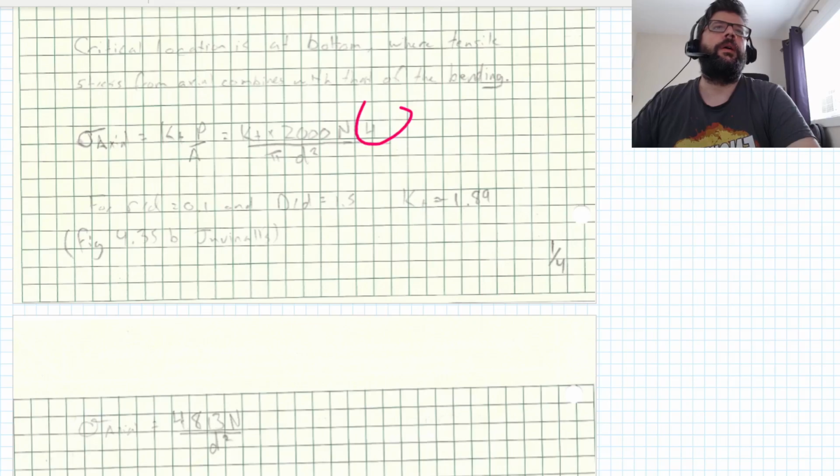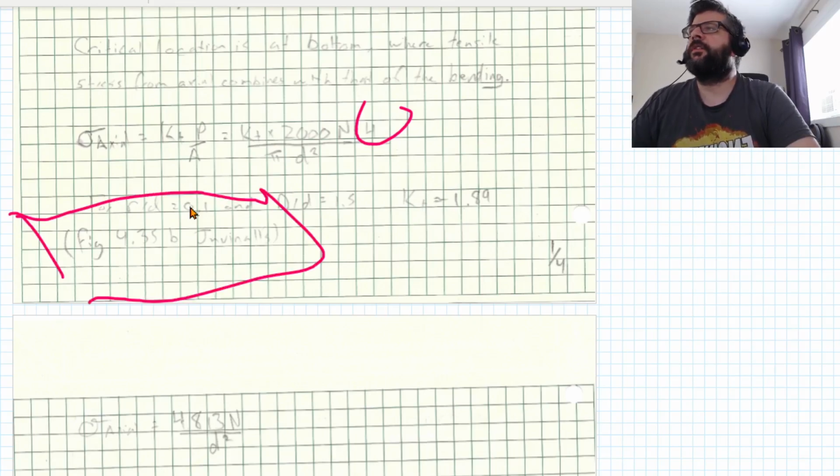We do know that r over d is 0.1, and the big D over little d is 1.5. So going to our stress concentration figures from Juvinall, we're able to look up what that KT should be. Based upon that combination, we should expect a KT of approximately 1.89.